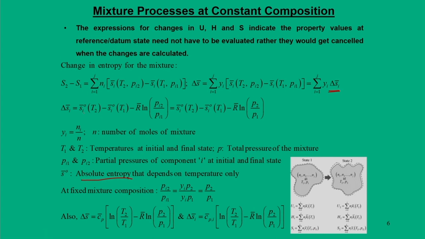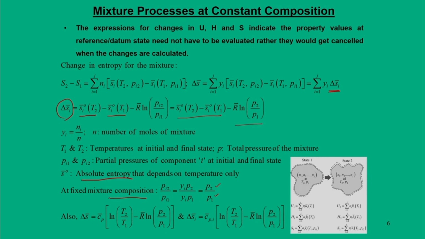So we have to calculate the absolute entropy for component i at temperature T2, and the absolute entropy for component i at temperature T1, then the pressure effect comes in, the difference of these two minus R bar ln Pi2 by Pi1. Since this is a fixed mixture composition, the ratio Pi2 by Pi1 is the same as P2 by P1. So this is how you have to calculate. This gives the change in the molar specific entropy as a function of the absolute entropy change minus R bar ln P2 by P1.